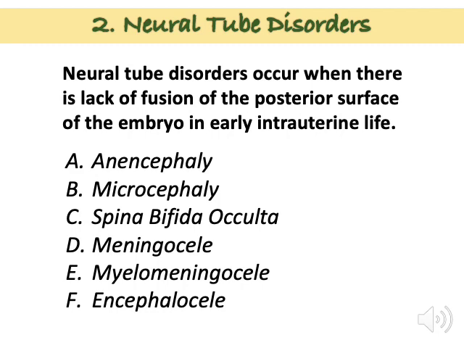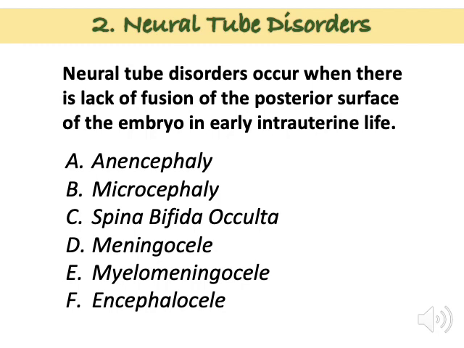The incidence of neural tube disorders has fallen dramatically in recent years. This is because of better maternal nutrition now, especially a diet that is sufficient in folic acid, about 600 micrograms daily. This appears to be a major contributing factor to prevent neural tube defects.